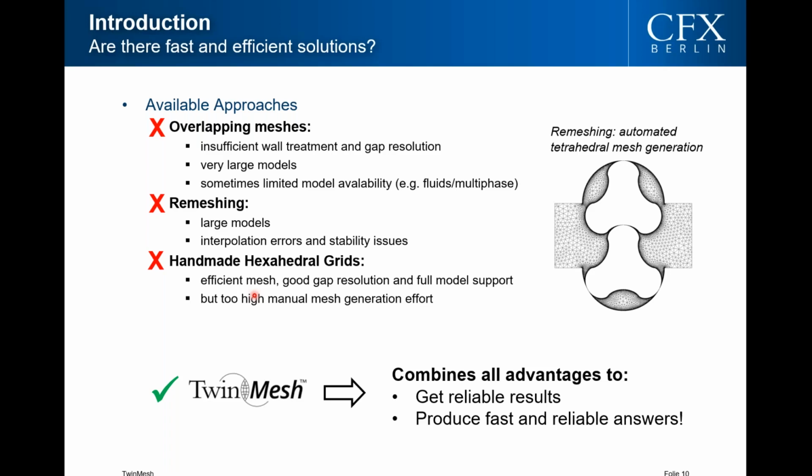They refer either to very large models or they lack in accuracy when we are speaking about, for example, capturing the leakage flow through the clearances. Our idea now is to combine all the advantages but neglect the disadvantages in the same way. And this is what Twin Mesh should provide. It provides reliable results, but also your workflow is really fast because it's an automated workflow and you get hexahedral grids automatically.